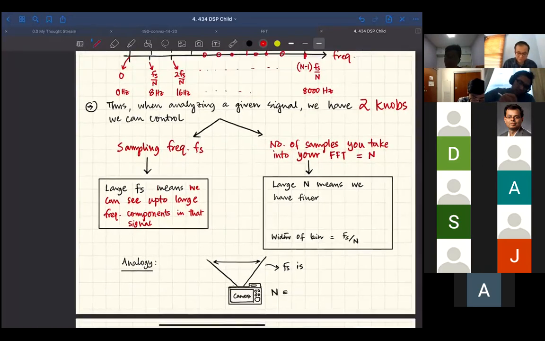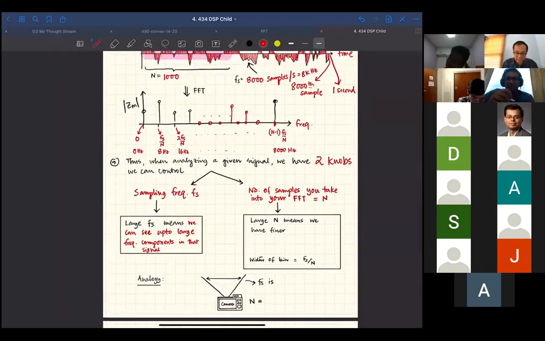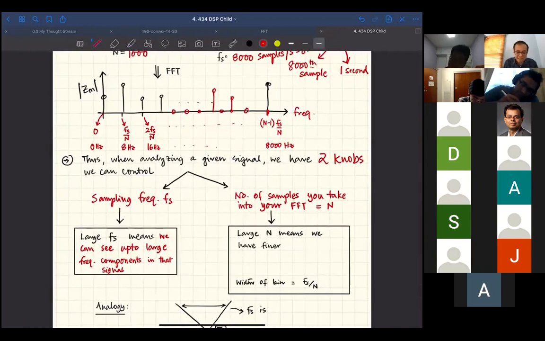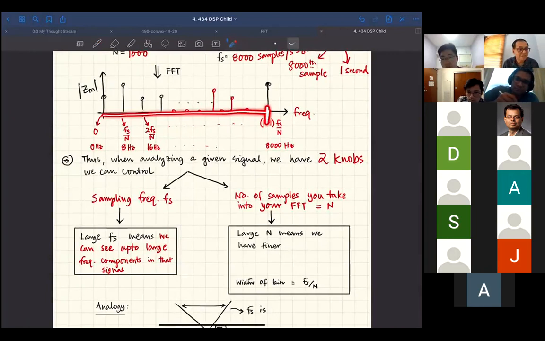Now, look at the next thing. N tells you, given that you can see up to this frequency Fs, you can see only up till Fs, N divides that 0 to Fs band into buckets, which are also called bins. Basically divides it into N buckets or N bins.